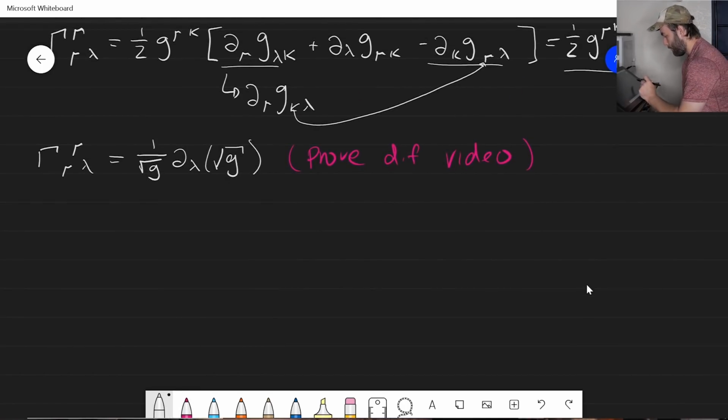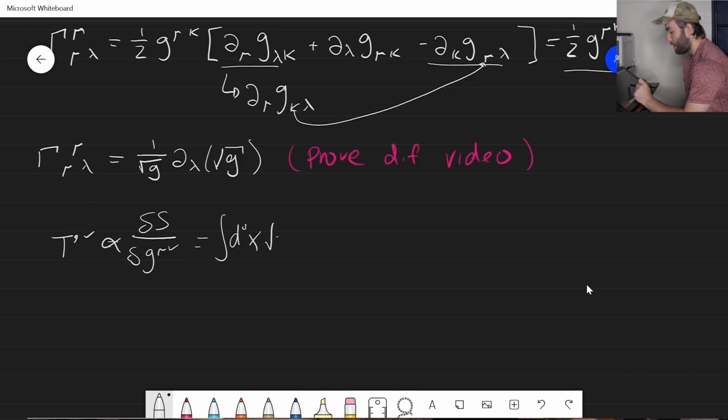As an example, the energy momentum tensor T_{mu nu} in general relativity is proportional to the variation of the action with respect to the metric tensor. And the action is the integral over four-dimensional coordinates. And then we have this root minus g in the integration measure, which serves the role of our Jacobian. And then we have the Lagrangian density that we're integrating over, and we're taking the derivative with respect to the metric here.